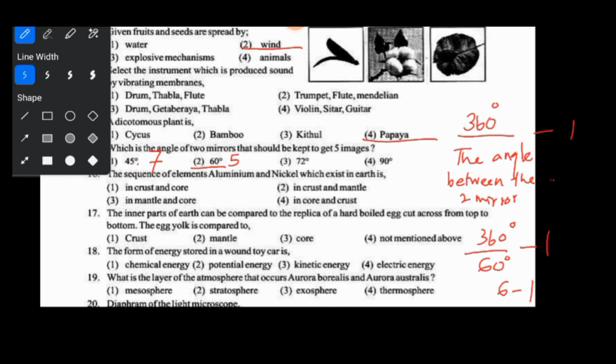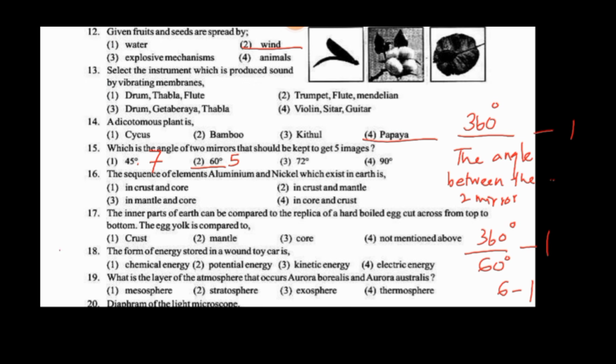Then the sequence of elements aluminium and nickel which exist in Earth is, right? So now if we take the internal structure, it has 3 layers, right? Crust, mantle and core, right?